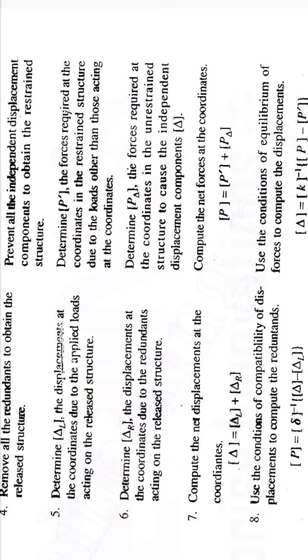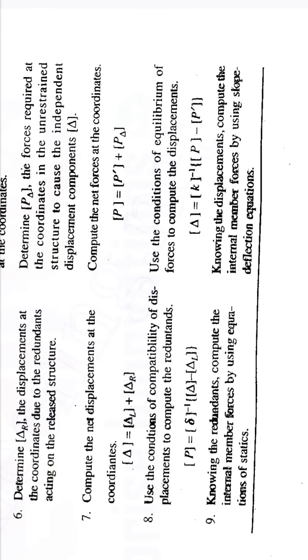Here we have found some released independent forces due to the displacements, the forces P delta, that is P1 and P2, and we'll find those values. Next, compute the net displacement at the coordinates, that is delta L plus delta R. Next compute the net forces at the coordinates: matrix P is equals to P dash plus P delta matrix.